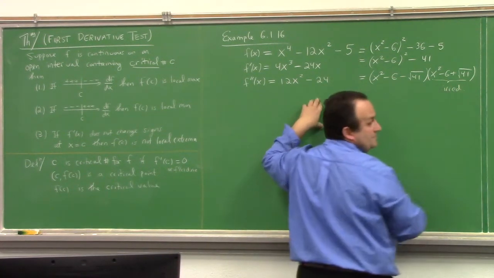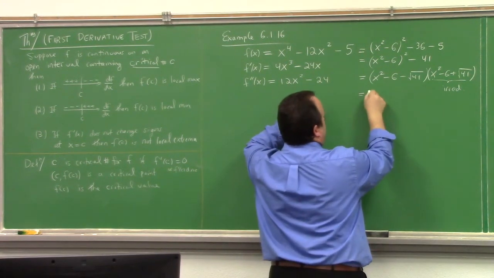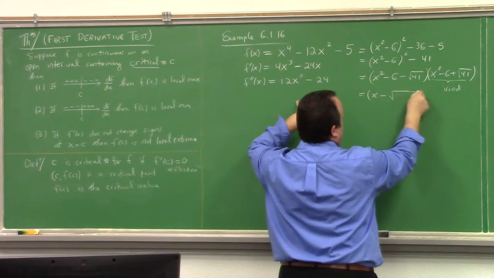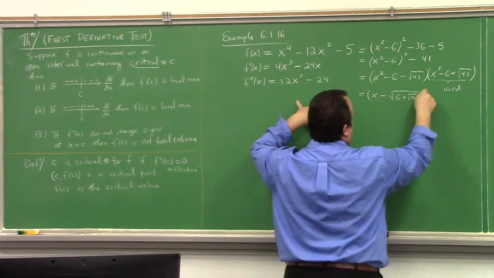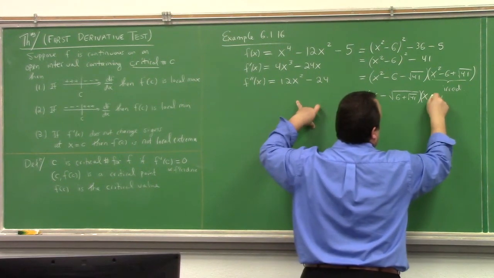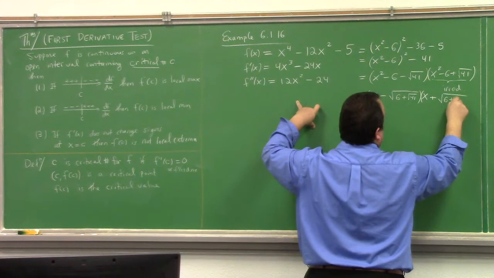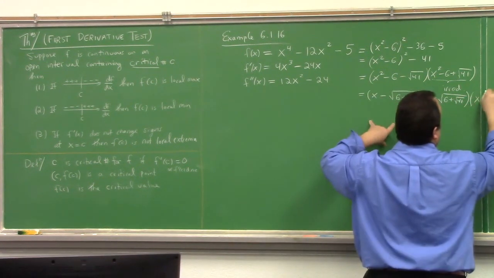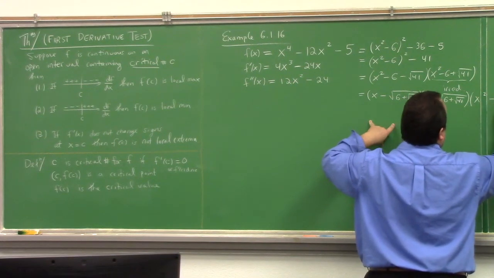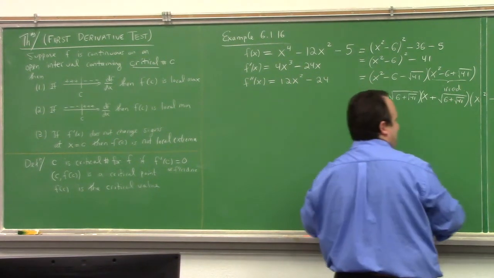It's never 0. And this guy, on the other hand, is x minus the square root of 6 plus the square root of 41, x minus plus the square root of 6 plus the square root of 41. Now, to be honest, guys, I'm just messing around.